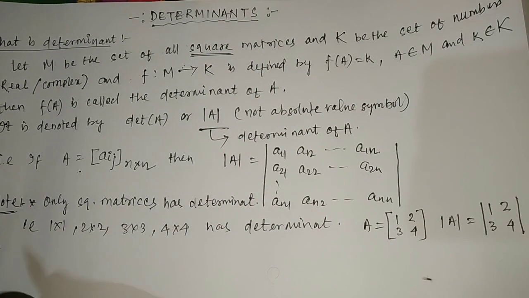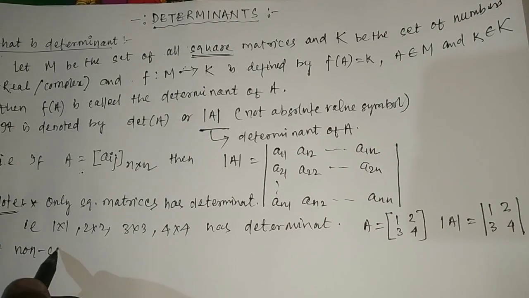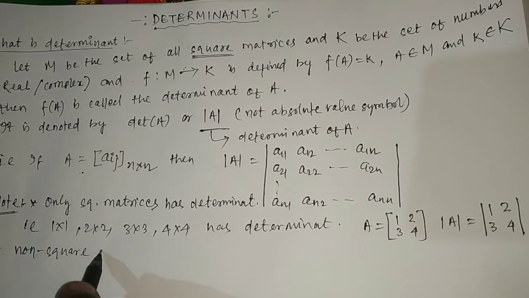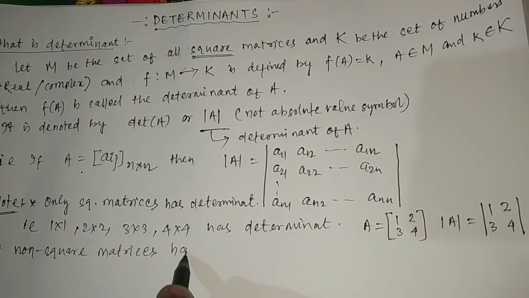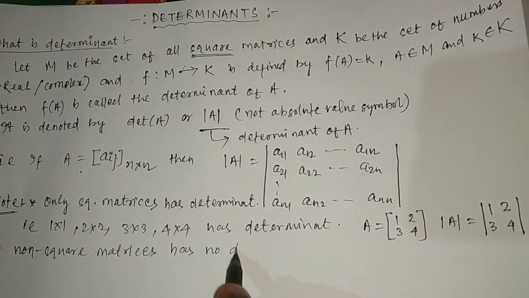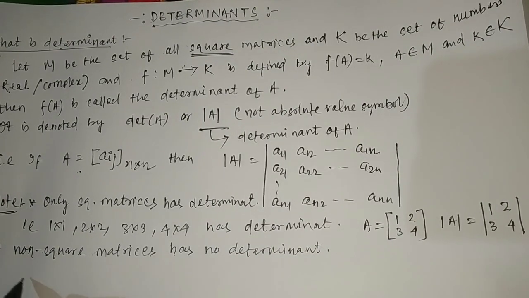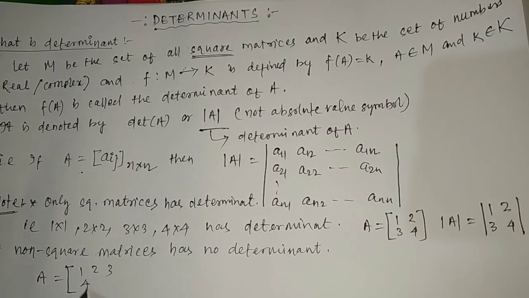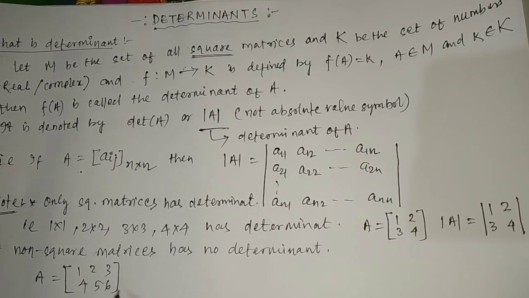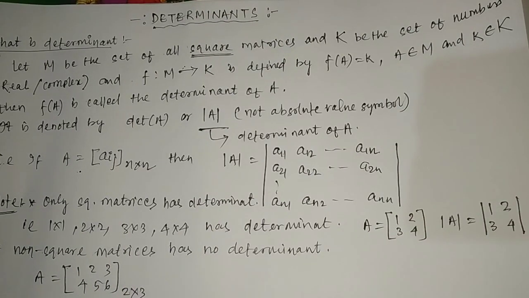Second one, non-square matrices have no determinant. That means if we take a matrix A equal to 1 2 3, 4 5 6, this is a matrix of order 2 cross 3, it has no determinant value.